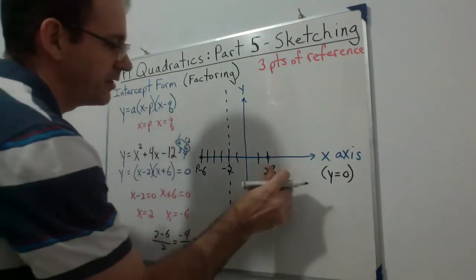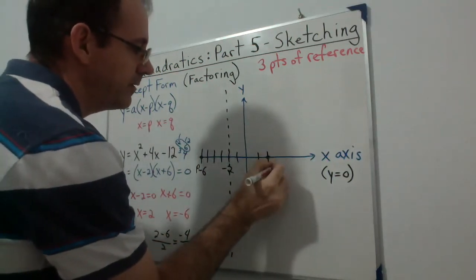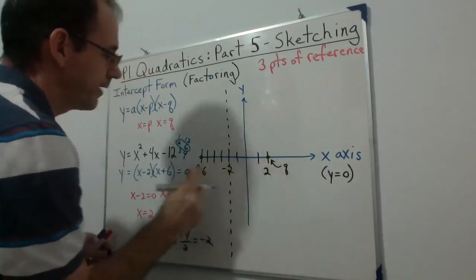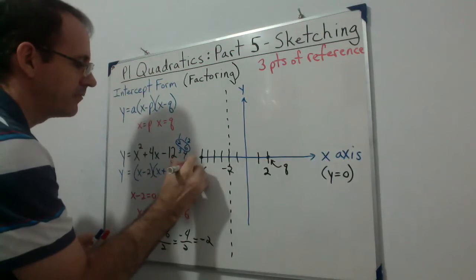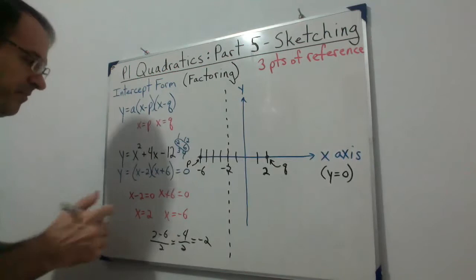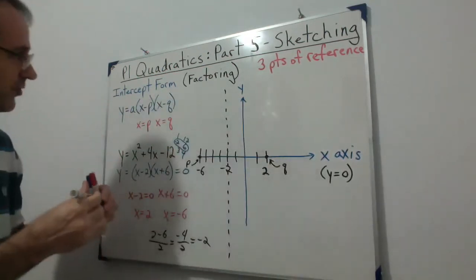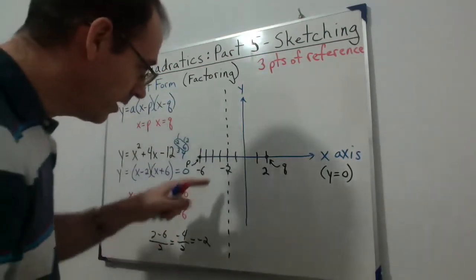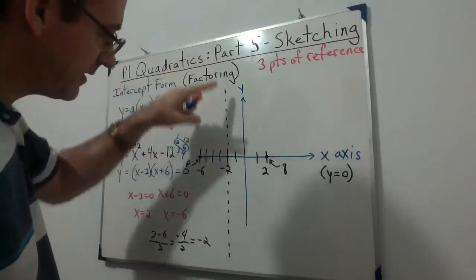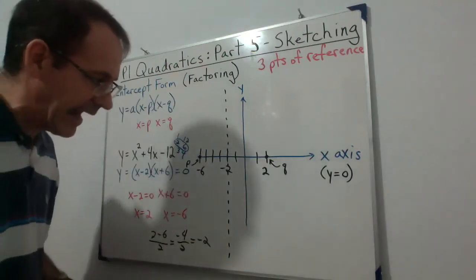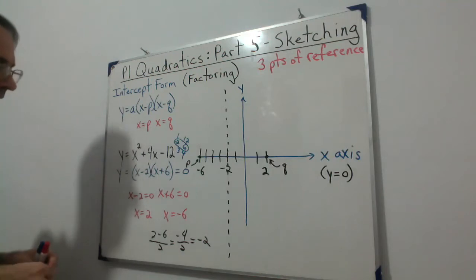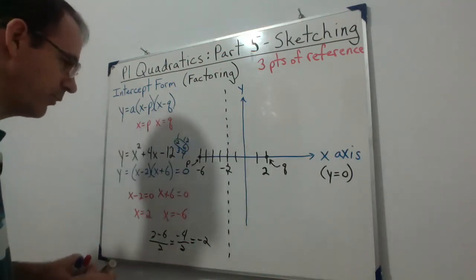Okay, so this is our Q value here at 2, and this is our P value here at negative 6. So the P and Q being our roots of our intercept form. So now that we know that the vertex is somewhere on this axis of symmetry, now all we have to do is plug it back in and figure out what the y value is.